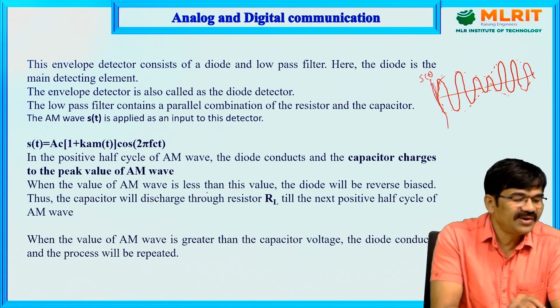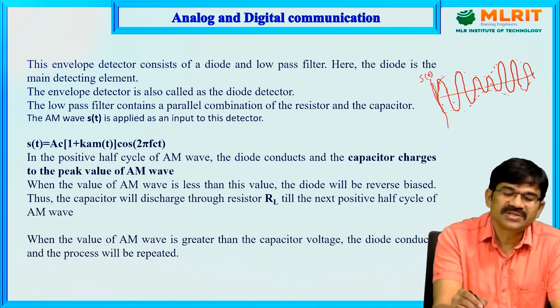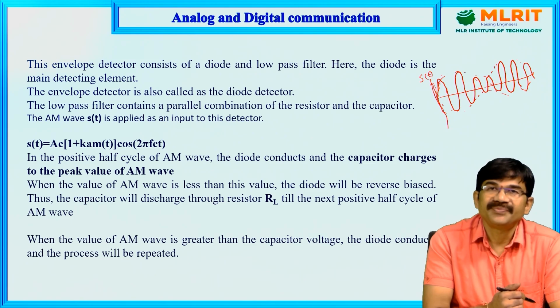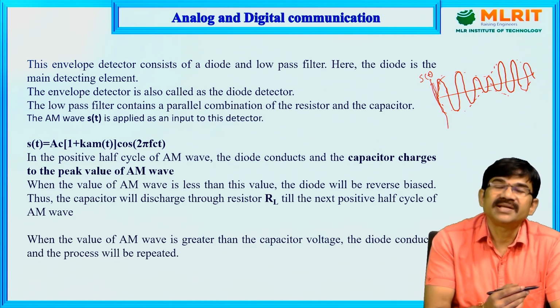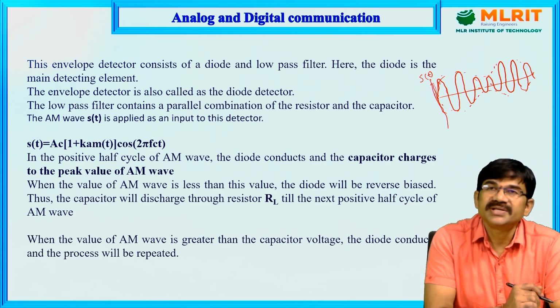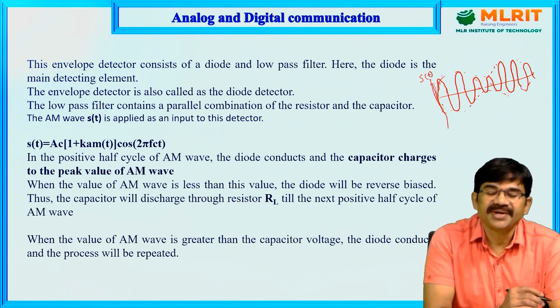When the value of the AM wave is less than the peak value, the diode is reverse biased, and the capacitor discharges through the path R L till the next positive half cycle. When the value of the AM wave is greater than the capacitor voltage, the diode starts conducting and the process repeats.